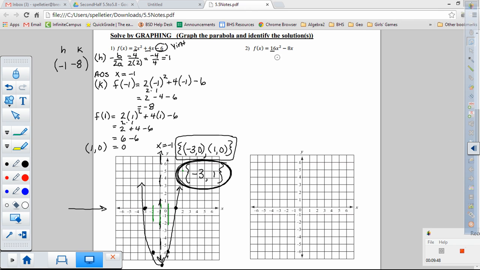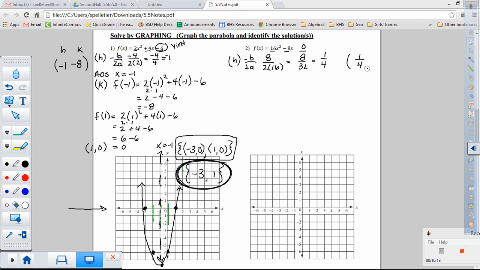A is 16, B is -8, C is 0. We need our placeholder. To get H, opposite of B over 2A. So 8 over 2 times 16. All right? That gives me 8 over 32, or 1/4. A really nasty vertex.